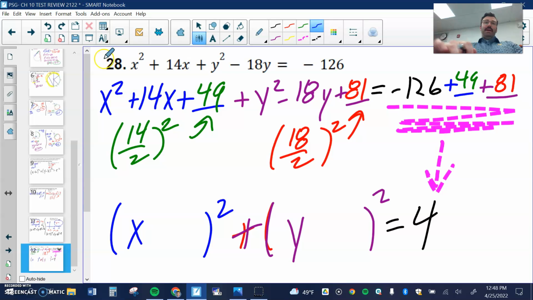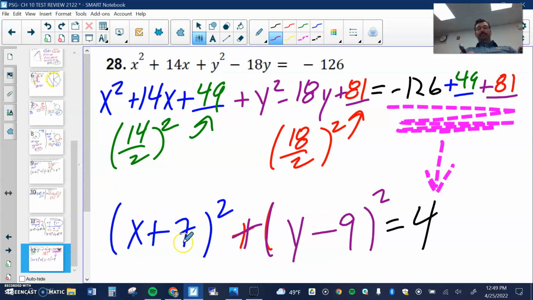This was positive 14, so positive 14 divided by 2 is positive 7. This was negative 18. Negative 18 divided by 2 is negative 9. So here's my equation: (x + 7)^2 + (y - 9)^2 = 4.